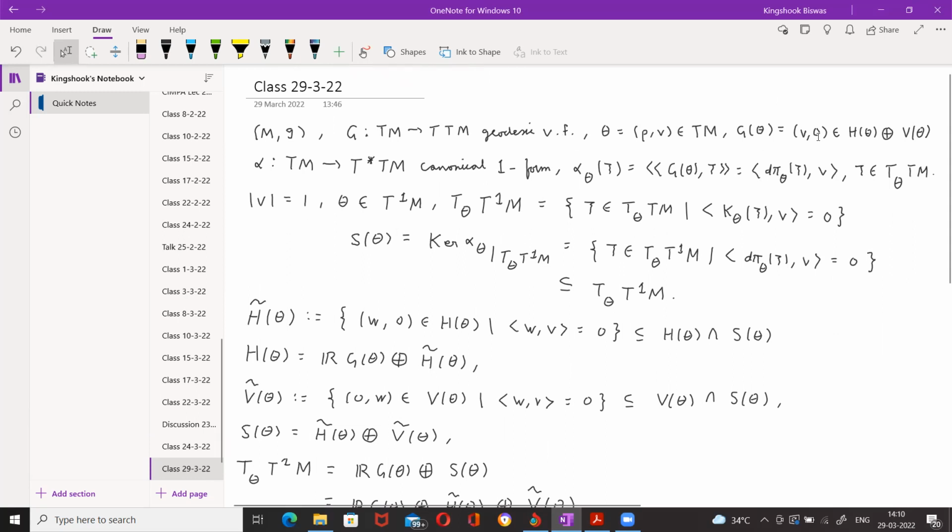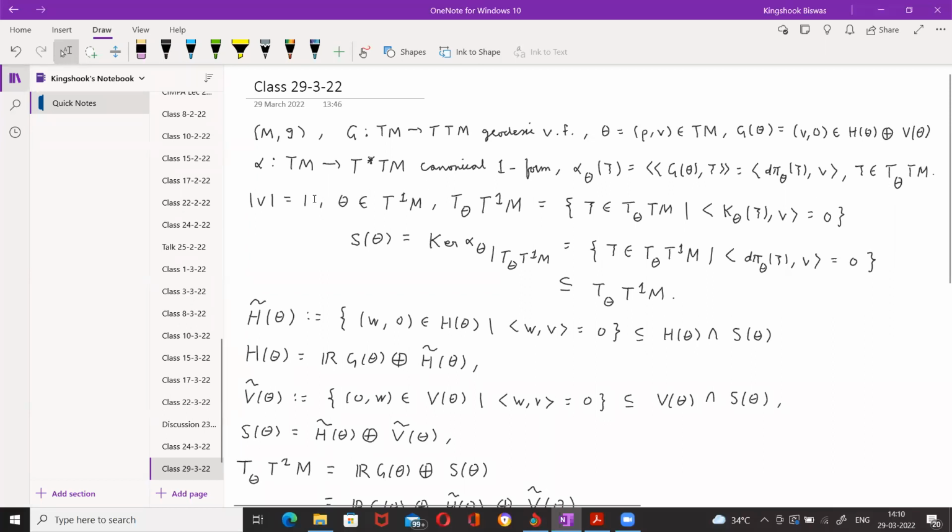And alpha is the canonical one form on TM. Remember, alpha is just the Sasaki inner product with the geodesic vector field. So alpha theta of a tangent vector xi is the Sasaki inner product of G theta with xi. This is the same as the inner product of d pi theta xi with V, where xi belongs to T theta TM.